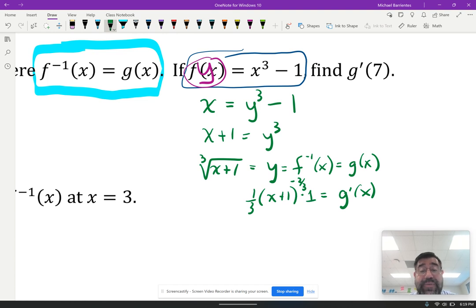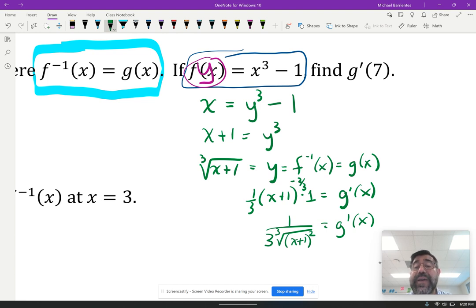This is my derivative. Can I make it look nicer? Let's do that. This is really 1 over 3 times the cube root of x plus 1, quantity squared. The negative exponent means I can take a reciprocal, and the fractional exponent means I'm taking the cube root and squaring what's inside. This is the derivative equation.